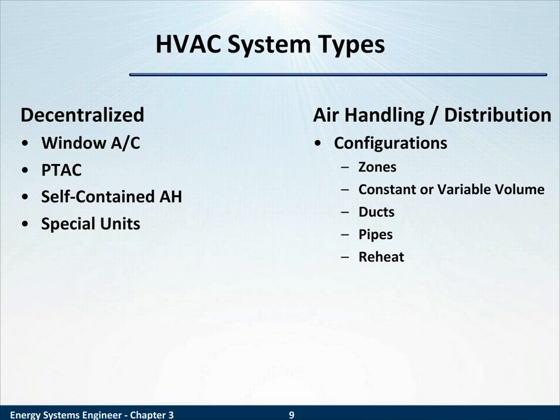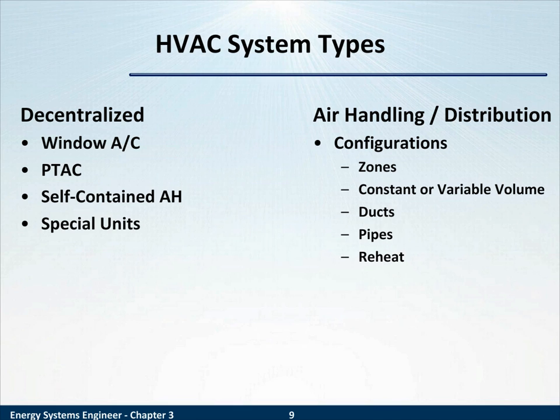The conditioning of the air may occur locally, but the heat generation or cold water, whatever it is that is used to condition the air, is located in a central plant, maybe a boiler providing hot water or a chiller providing cold water.